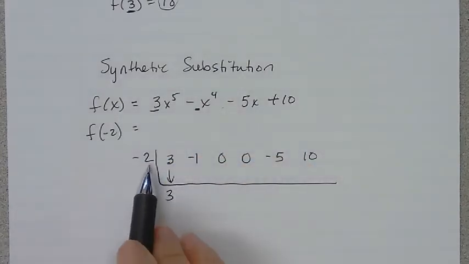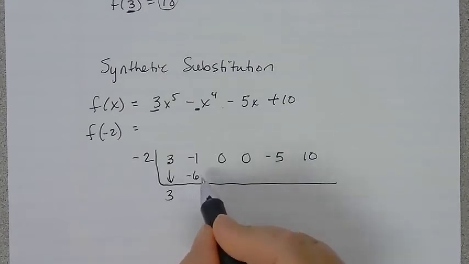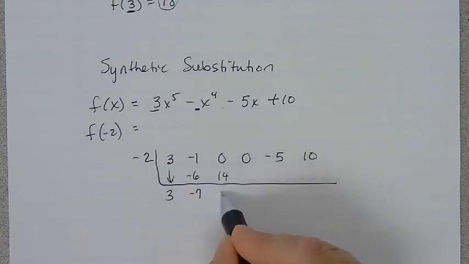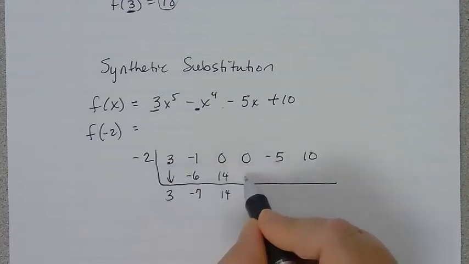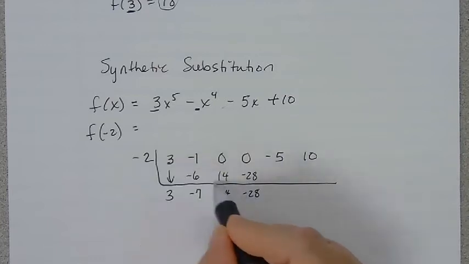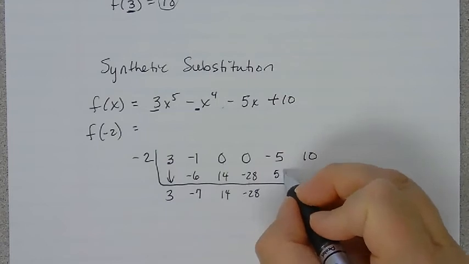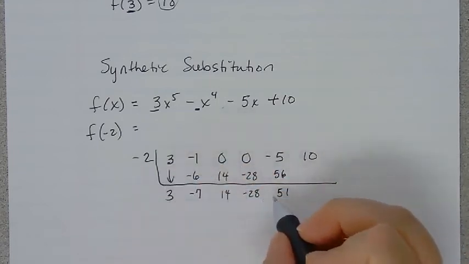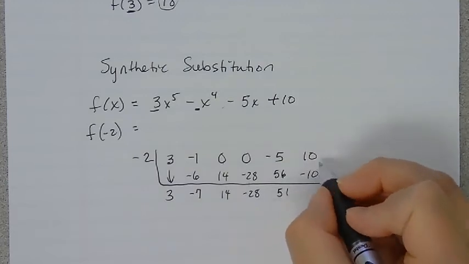And then you multiply these two numbers. And then you add, and then you multiply, and then you add, and then you multiply, and then you add, and then you multiply, and then you add.